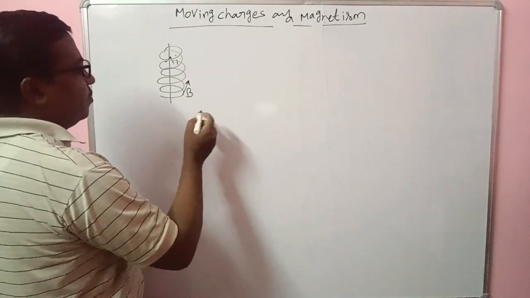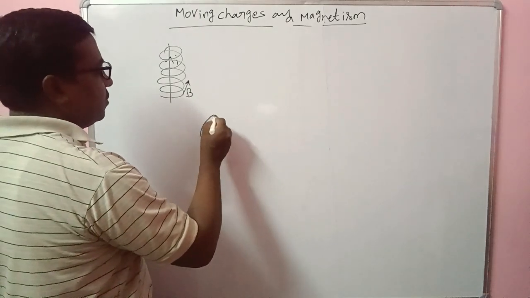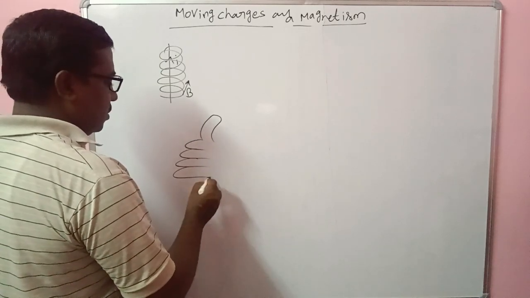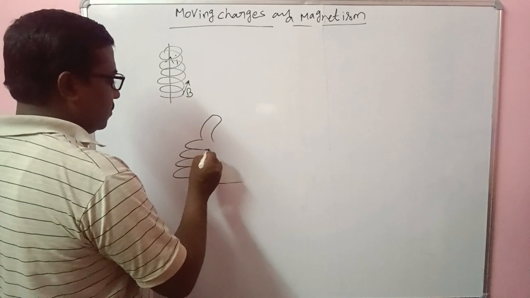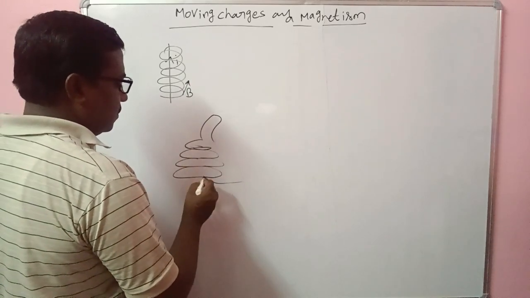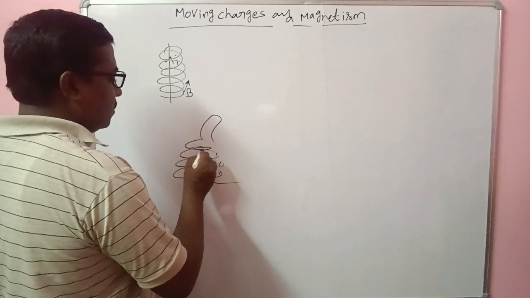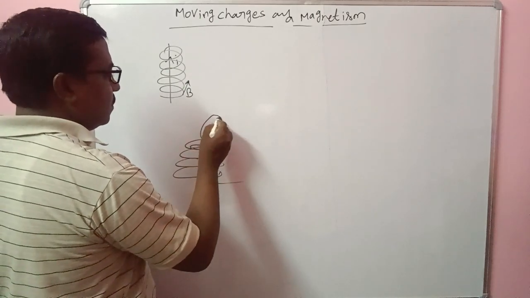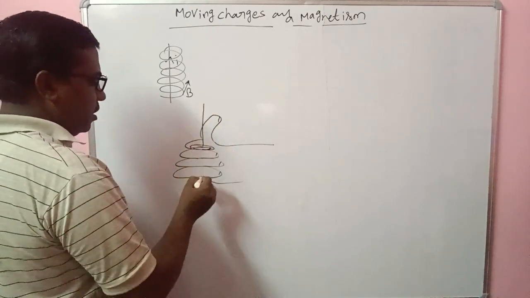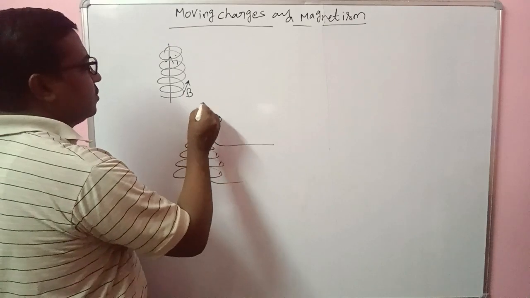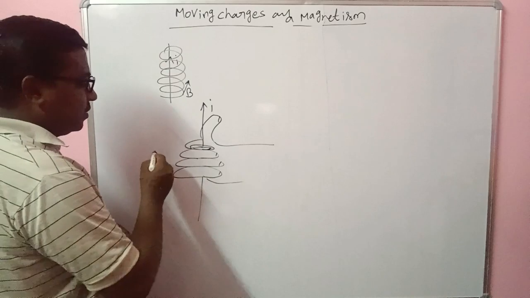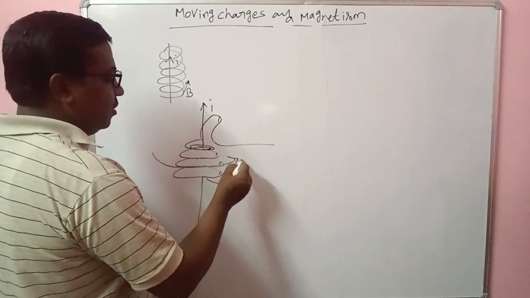This right hand thumb rule is represented by, suppose this is our right hand thumb. Whenever the current carrying conductor is placed along your thumb, the folded fingers represent the magnetic field B bar.